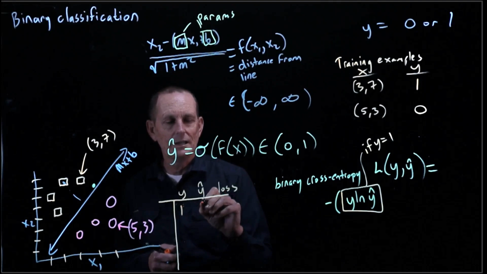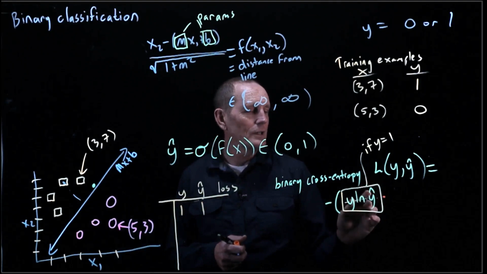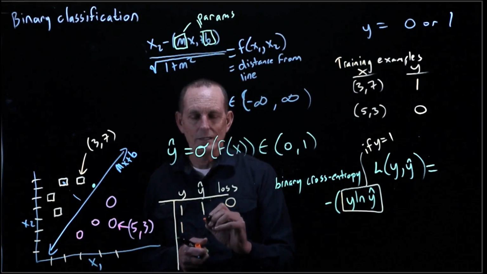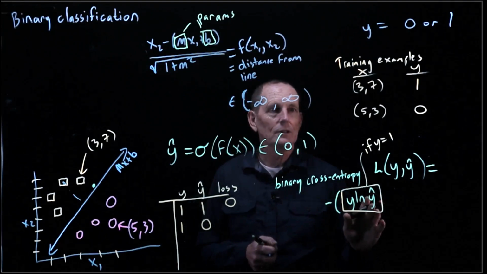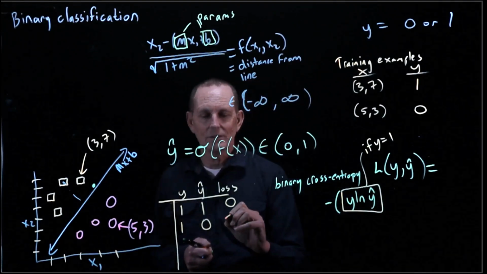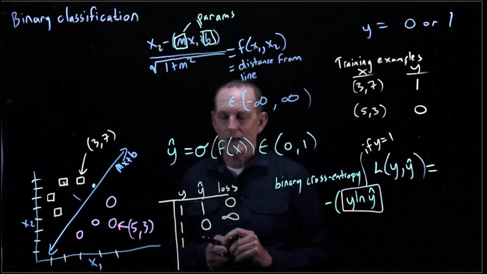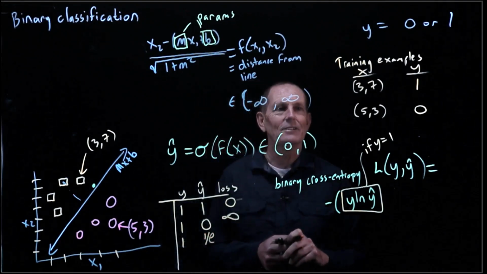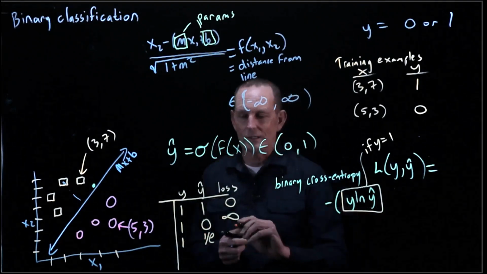If y is 1 and y hat is 1, the loss is going to be the log of 1, which is 0. So the loss is 0. What if y is 1 and y hat is equal to 0? Well, the log of 0 is negative infinity. When we multiply that by the negative sign, it's going to be positive infinity. Let's just do one more. Let's say y hat is 1 over e, just because that'll be an easy value to compute. The log of 1 over e is negative 1, and so negated it is going to be positive 1.